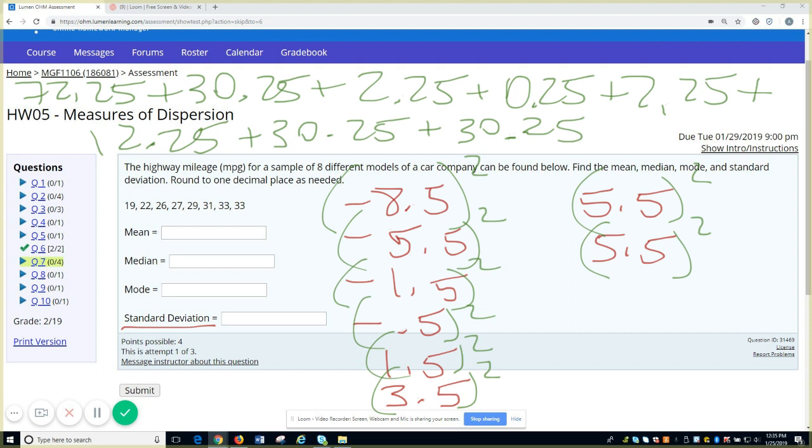Then the next step is to divide that sum by one less than how many values there are. There are 8 values, so I'm going to divide by 7.